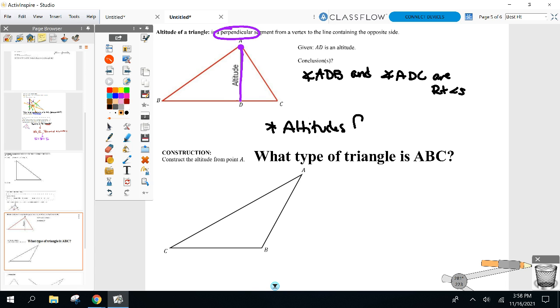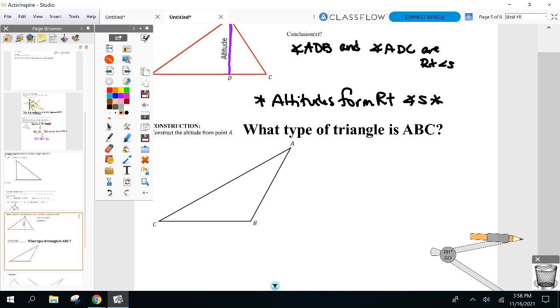Altitudes form right angles, because again, an altitude starts at a vertex and is perpendicular to the opposite side. So let's try out constructing an altitude. Grab your compass and straight edge. If you need to pause the video to catch up, please do so.